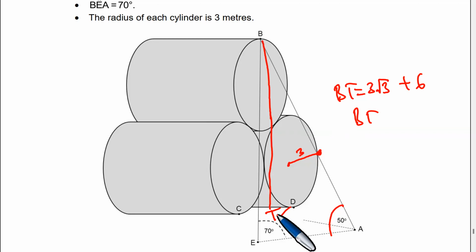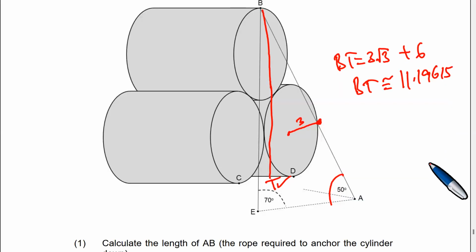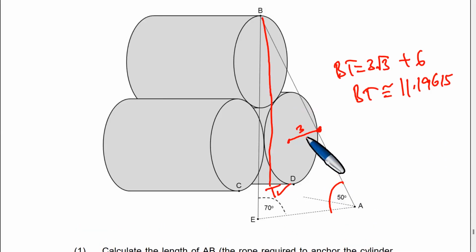It means that BT is approximately 11.19615. Okay, that is BT. So now we want to find AB.